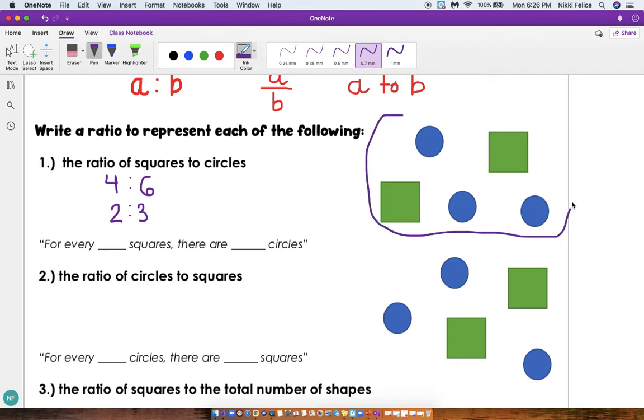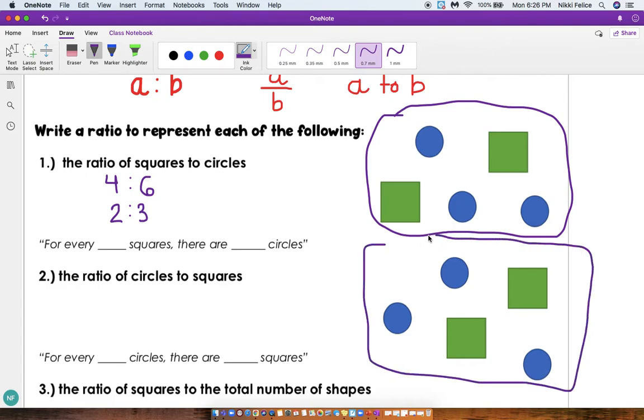I can circle this section and see that when I have 2 squares, there are 3 circles. For every 2 squares, there are 3 circles. I could have also said for every 4 squares, there are 6 circles, but we like to use the simplified version.